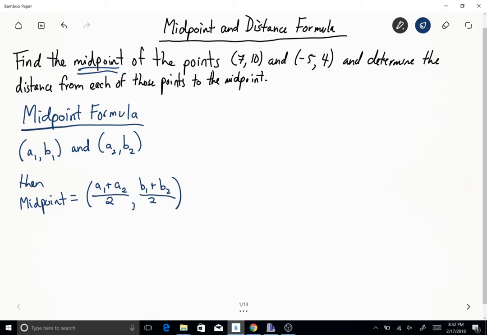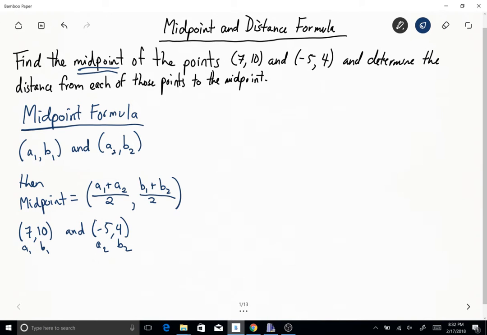In the case that we have here, we have (7, 10) and (-5, 4). For simplicity's sake, we'll go A1, B1 right there, and A2, B2 right here. The reason you can change the order is that you have addition up in that numerator, and addition commutes, so you don't have to worry about that.